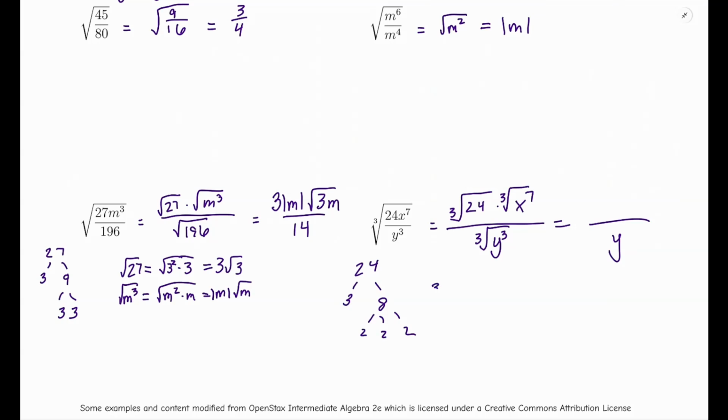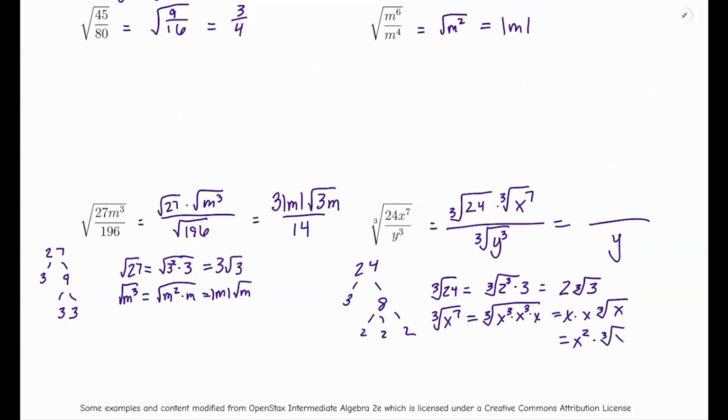So cubed root of 24 equals the cubed root of 2 cubed times 3, which is 2 times the cubed root of 3. And then the cubed root of x to the 7th is the cubed root of x cubed times x cubed times x, which is x times the cubed root of x, or x squared times the cubed root of x. And then combining those together, we get 2x squared cubed root of 3x for the numerator of our fraction.